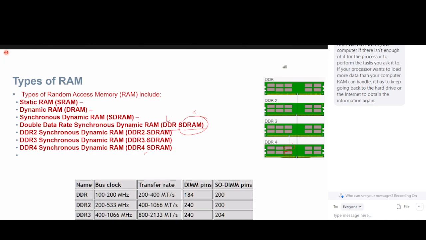Yes, this module has a specific outline which basically defines it. Look at this notch location, right? The notch location is in the middle for DDR and DDR2, and it is on one side in DDR3, right?